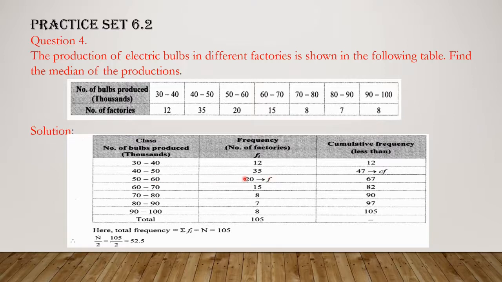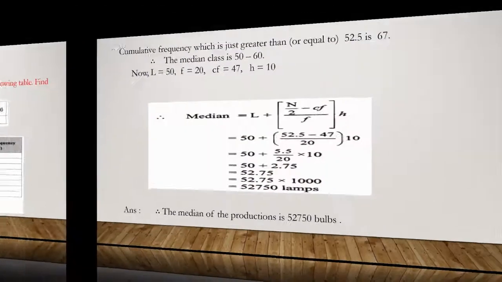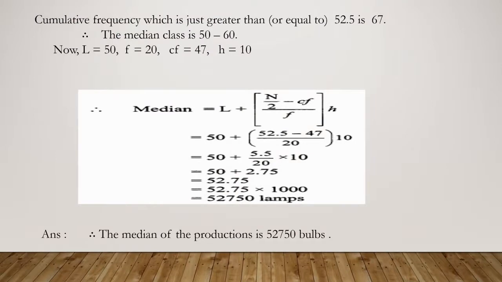And what is the cumulative frequency? That is the cumulative frequency preceding the median class, 47. Therefore, CF is equal to 47. The cumulative frequency just greater than 52.5 is 67. Therefore, the median class is 50 to 60.